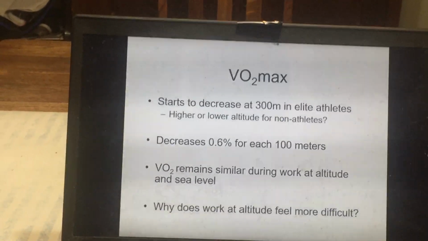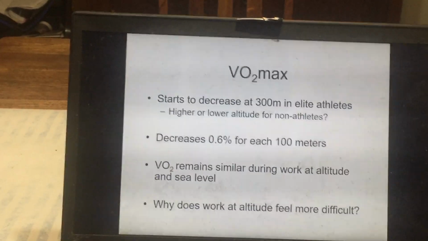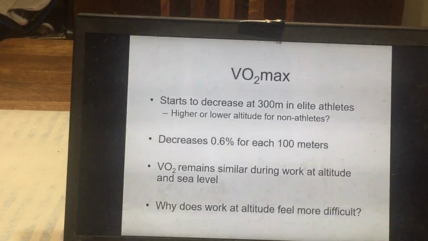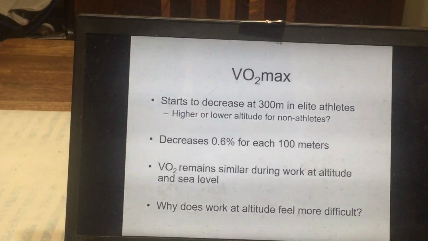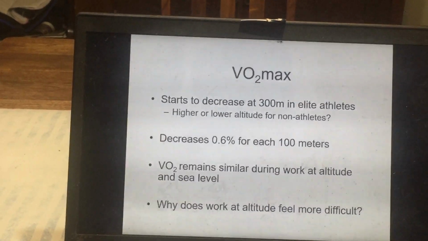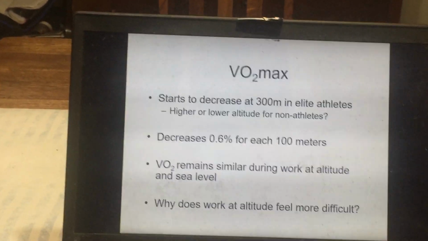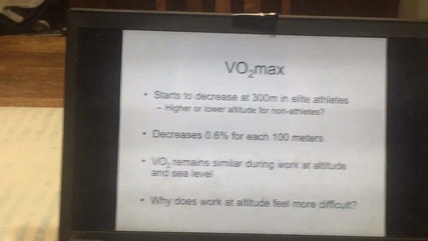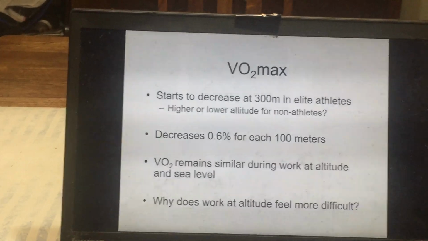So if you're a couch potato and you have a very low VO2 max, you're also going to have a very low maximal cardiac output, which means that the blood is going to be flowing past the lungs quite a bit slower at maximal VO2, and the lungs are going to have an increased chance in that situation to offload their oxygen to the blood. So it seems like elite endurance athletes are a lot more sensitive to increases in altitude than are non-athletes.